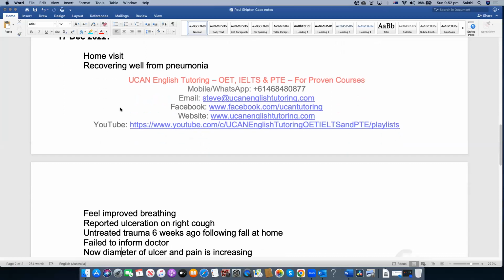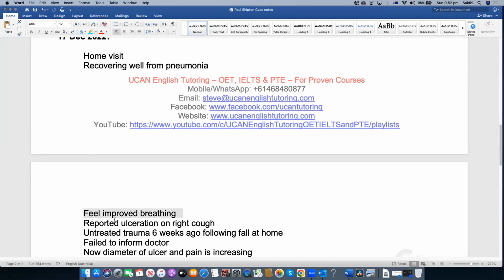So, feels improved breathing. Do we need to mention this when we say recovering well from pneumonia? Is it hidden under the pneumonia? Let me ask you the question in a different manner. If you are able to recover well from pneumonia, do you feel your breathing much easier? Are you able to breathe well, right? They are telling the same information twice in two different ways.